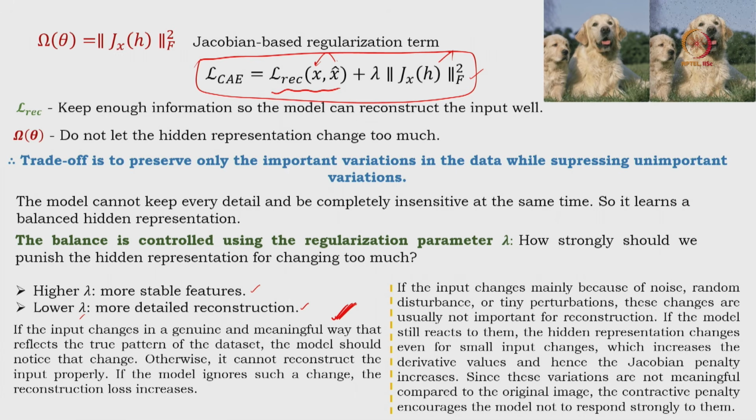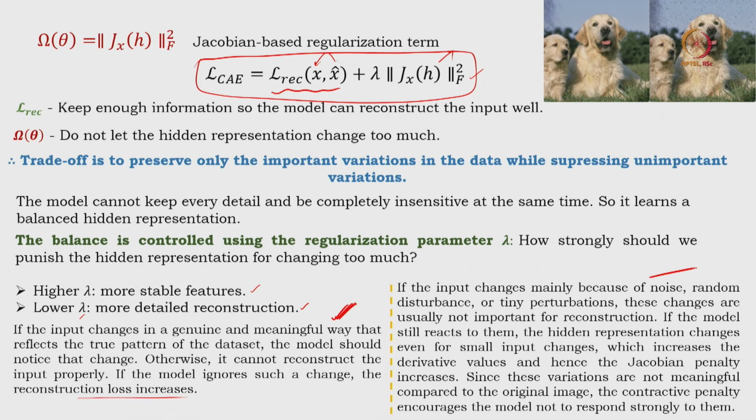How does the model ensure that the hidden representation reacts? Suppose the hidden representation neurons don't react, then the features are not fully captured. If the features are not fully captured, reconstruction will be very poor, then reconstruction loss increases. When reconstruction loss increases, it tells the model to react to those features.